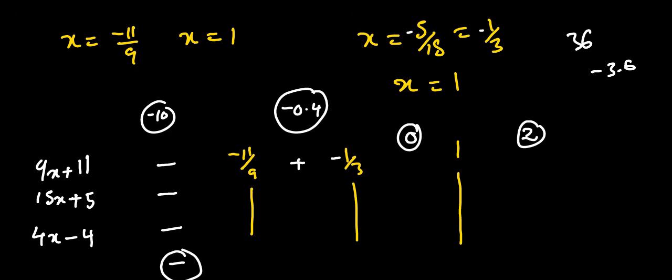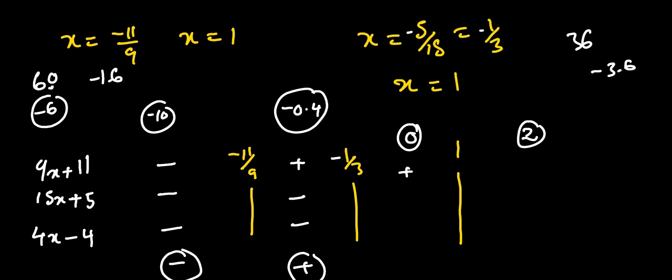And this one here gives us a negative 6. Negative 6 plus 5, the answer is negative. This times that gives negative 1.6 minus 4, the answer is negative. So this is positive. 0, that's positive, positive, negative, negative. Use a 2, that's positive, positive, positive, positive.